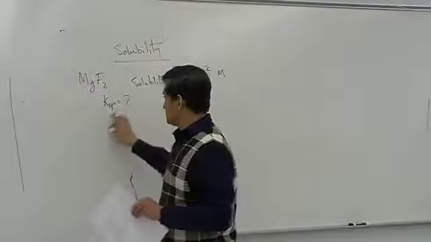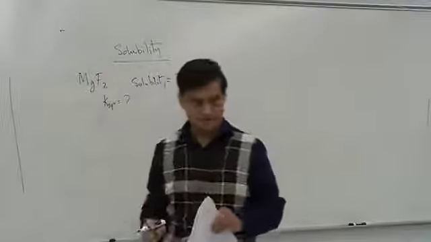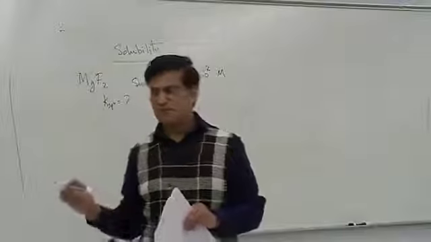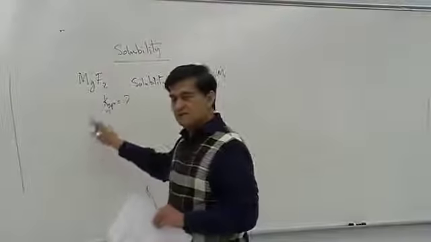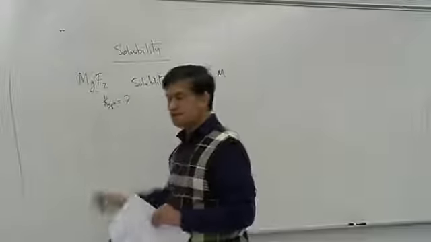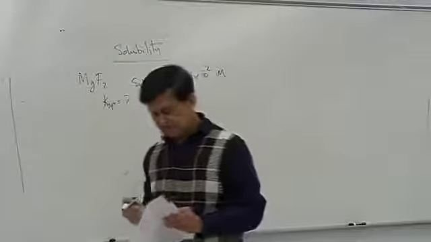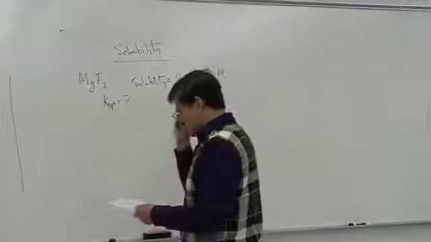The question is, what is the equilibrium constant, or Ksp value? Again, remember that we use Ka for acidic equilibrium, Kb for basic reaction, and in this case for solubility product we use Ksp. So let me show you how we can do a problem like this.